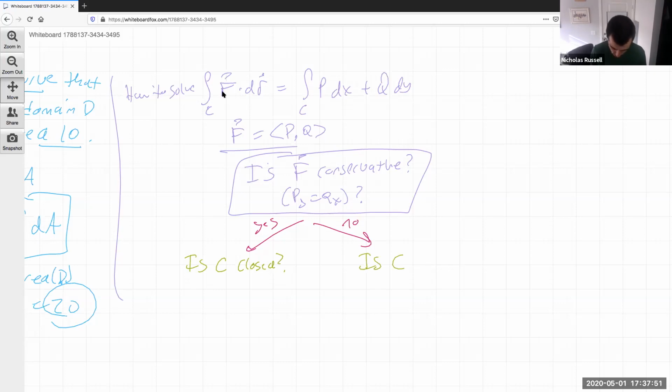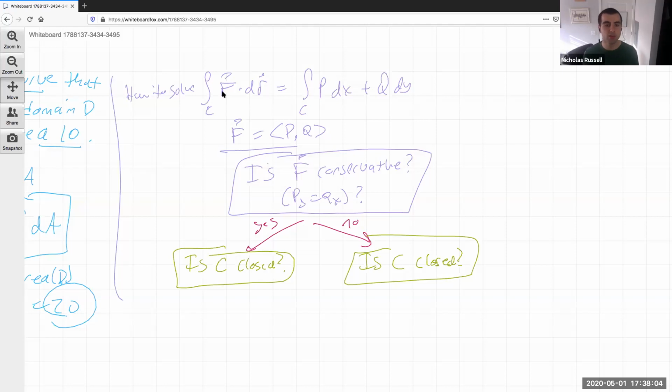We could even do a Punnett square here if we wanted to. I like this flow chart a little better because it's the two questions you always want to ask yourself: is F conservative, and is C closed?